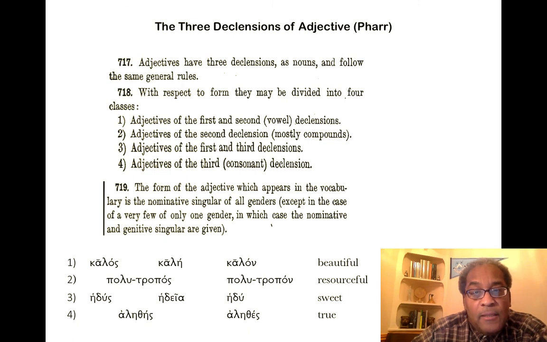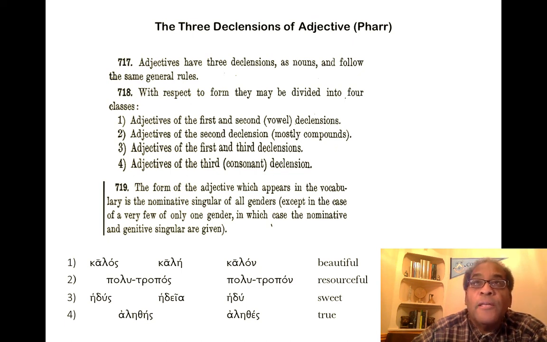Adjectives that are of the first and second declension. So you have something like kalos, kale, kalon. You see the masculine kalos and the neuter kalon are from the second declension, but kale is from the first declension. And then number 2, adjectives of the second declension, mostly compounds: polutropos in the masculine feminine, polutropon in the neuter.